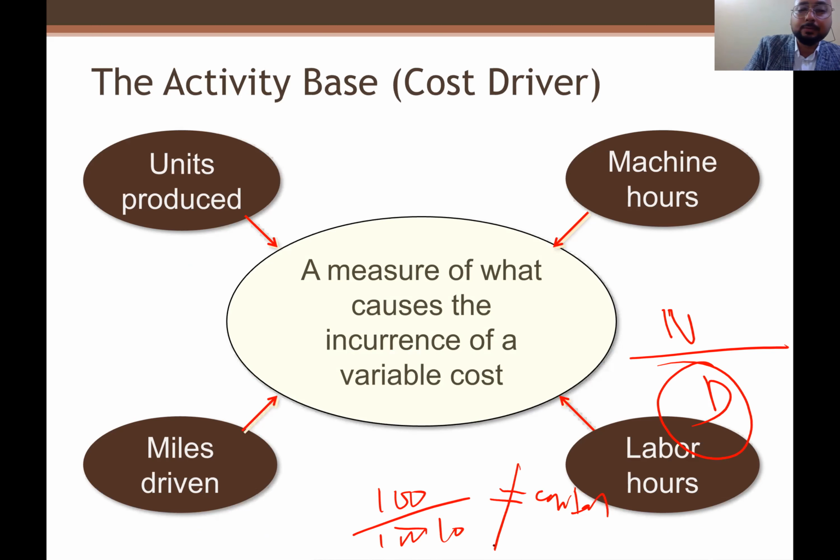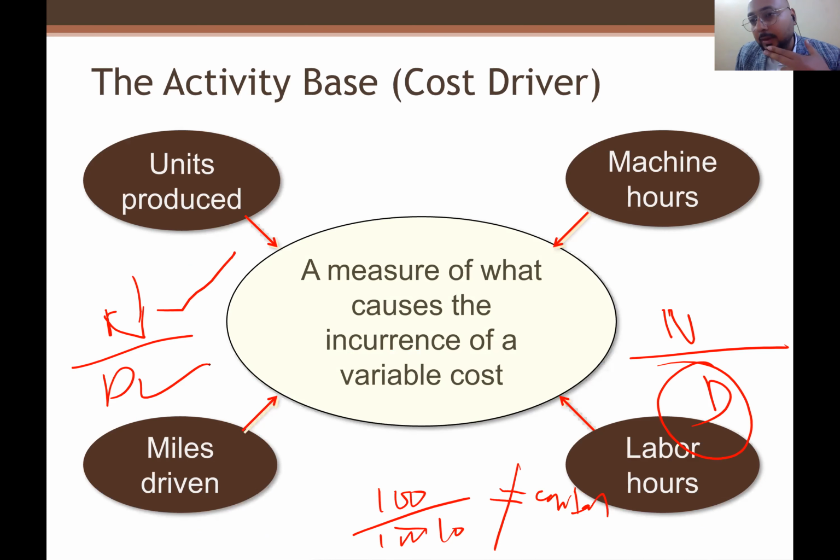But in case of variable cost per unit, both the numerator changes and the denominator changes, and the answer remains fixed, right? So it means there is something to do with the ratio, with this denominator.